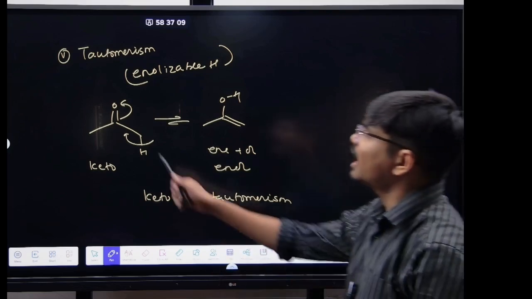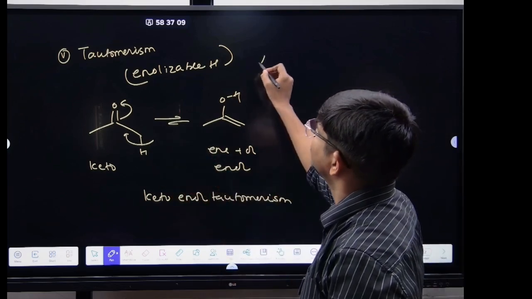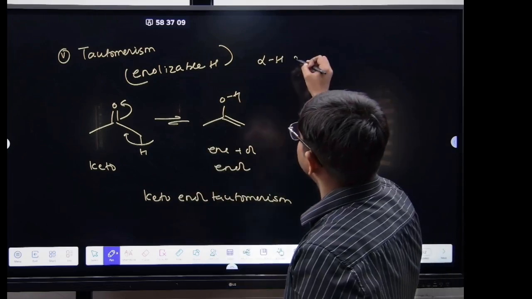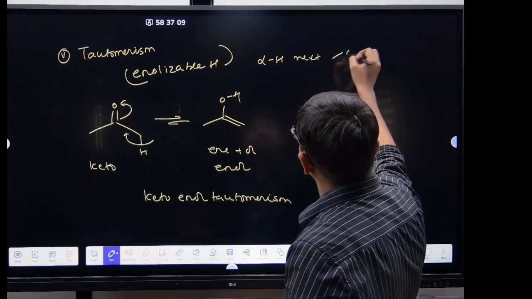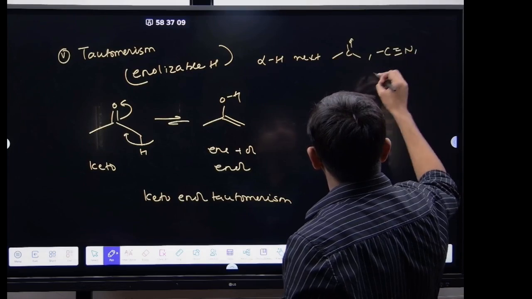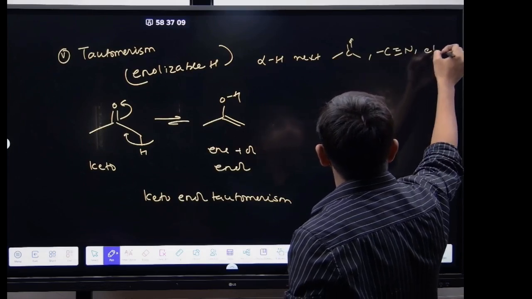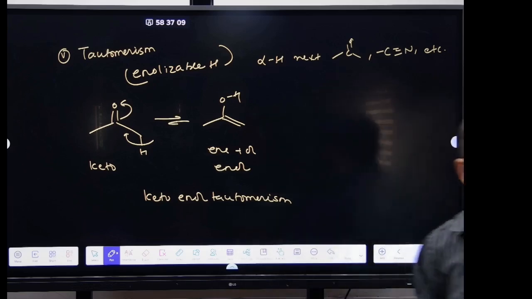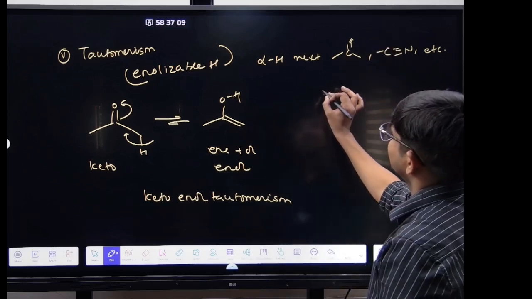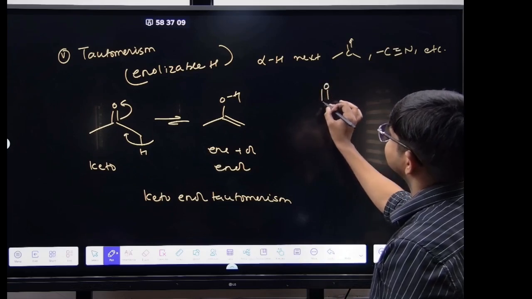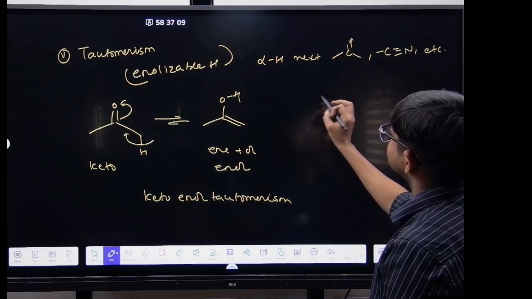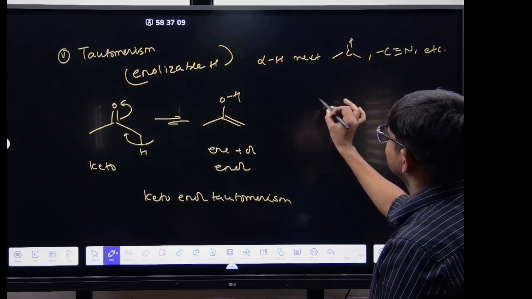So what do you have to look for? You have to look for the alpha hydrogen, next to C double bond O, C triple bond N. Got it? And so on. For example, next example you see, suppose I have written this one like this.